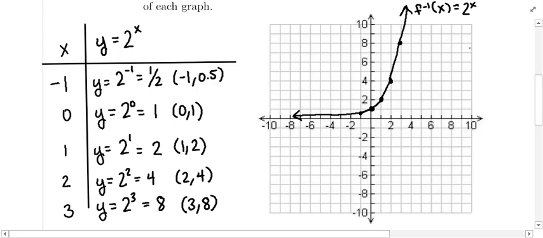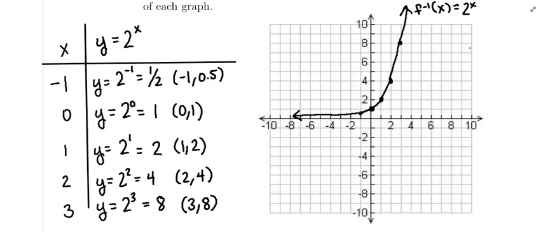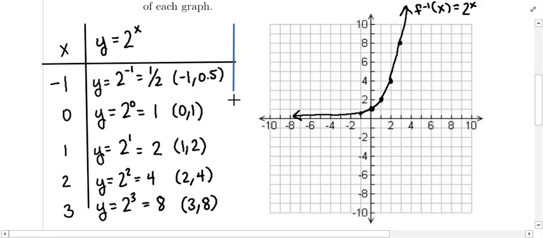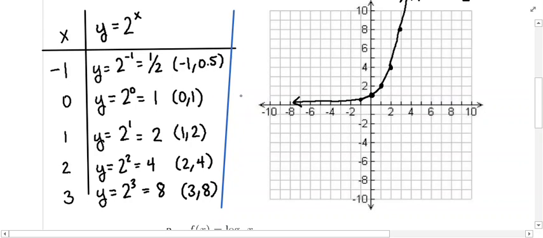So we learned a while back how to deal with an inverse function. To form the inverse function, all you have to do is switch x and y. So what I'm going to do here is make another little column, and I'm going to write down the points on the graph of log base 2 of x.